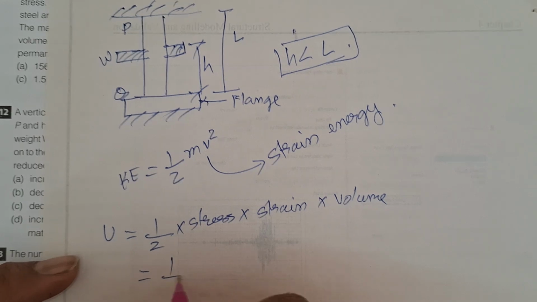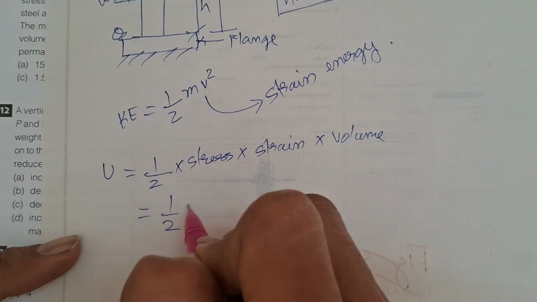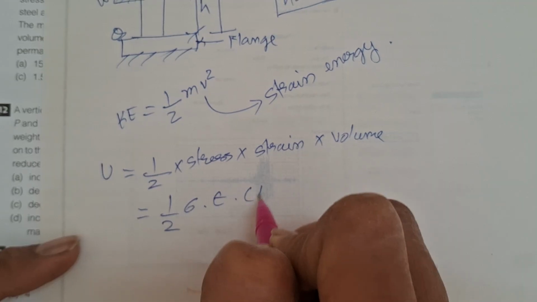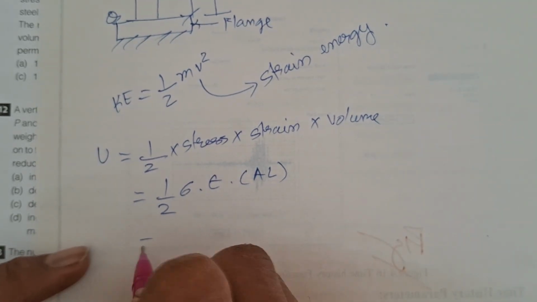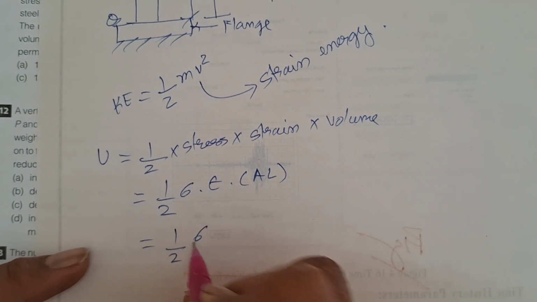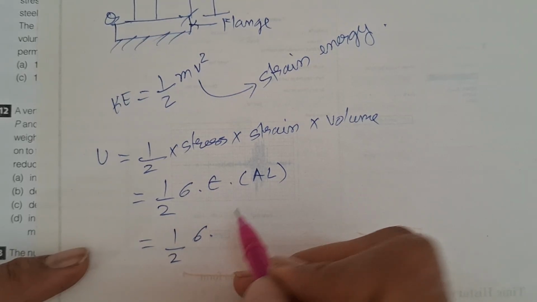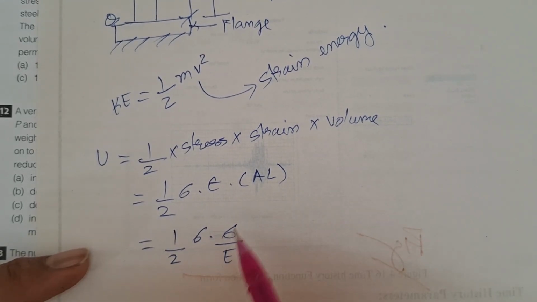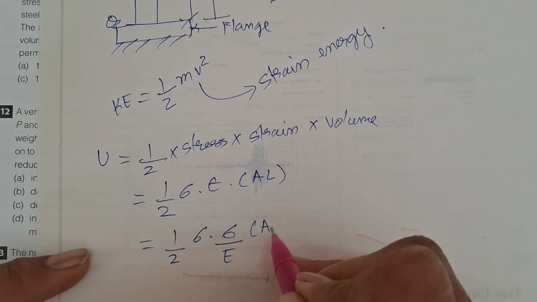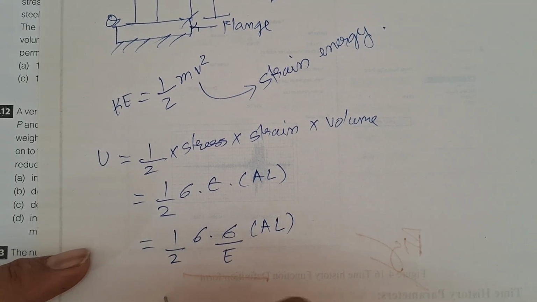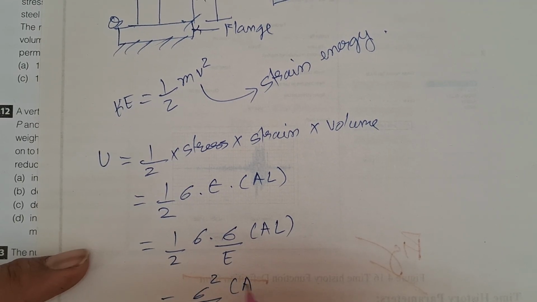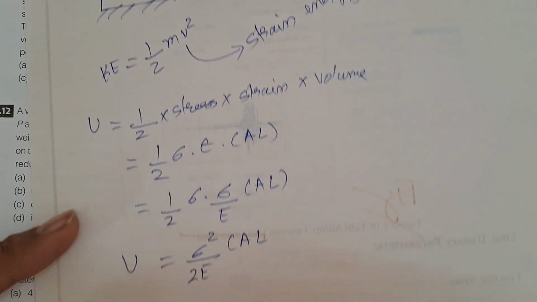So half sigma, strain is epsilon, and volume is area into length. Again I can write 1 by 2 sigma, strain is stress upon Young's modulus, that is sigma by E. So basically it will be sigma square by 2E into A into L.